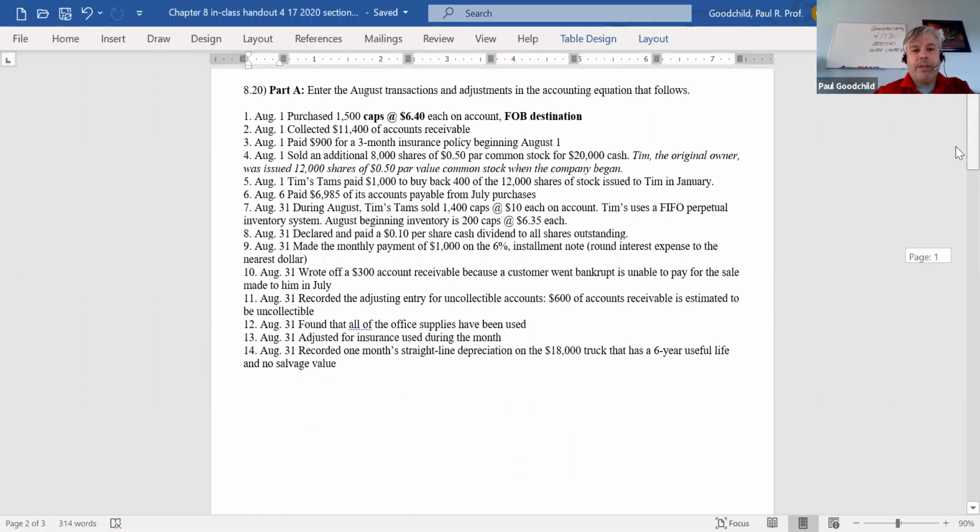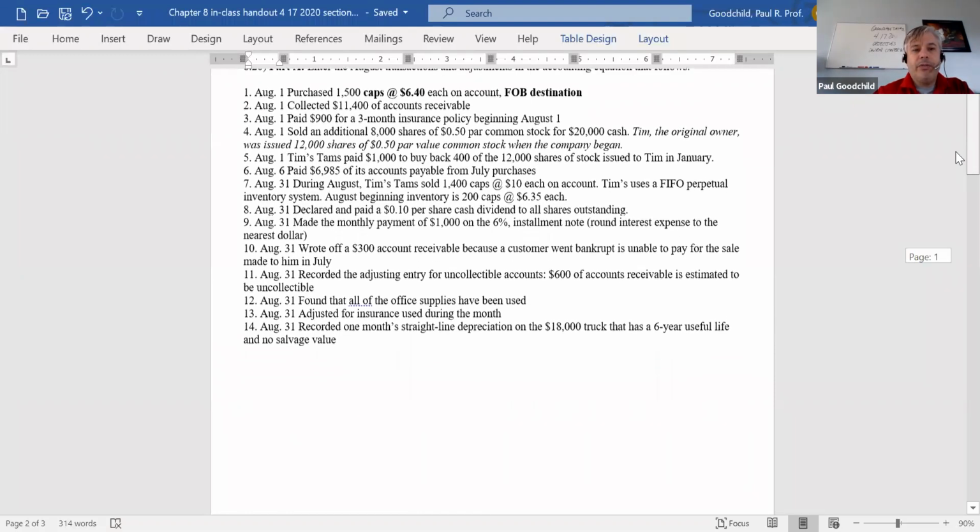For the second one, we collected 11,400 of accounts receivable.